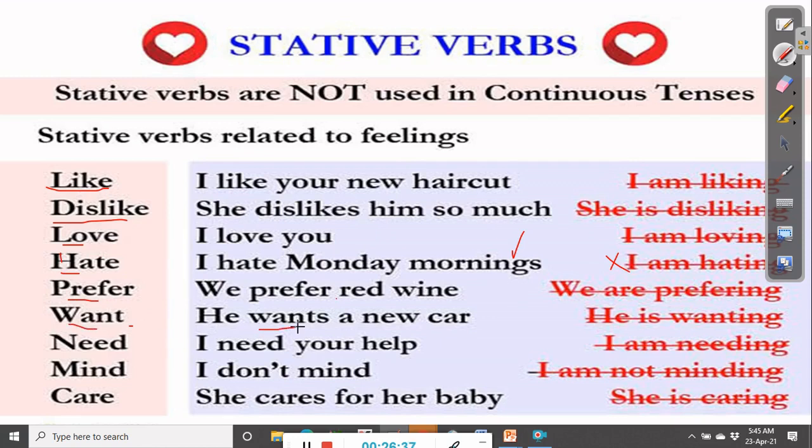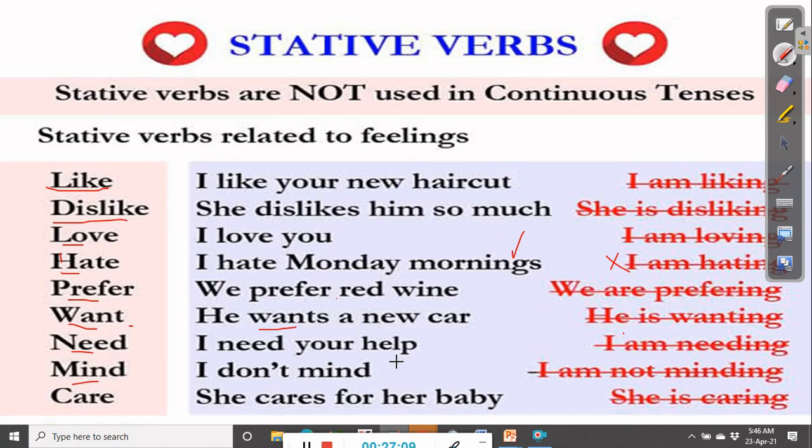He wants a new car. Certainly not, he is wanting a new car. When you use wanting in this way, as in someone is found wanting, it takes a different meaning. But at that time it ceases to be a stative verb. Now, need. I need your help, but certainly not I am needing your help.